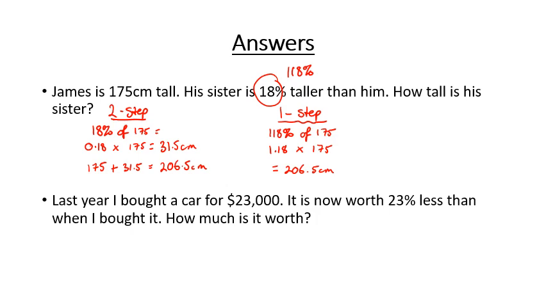It's now worth 23% less. So this is a decrease. How much is it worth now? Remember our two-step. Okay, first thing we need to do is work out 23% of the original amount. So this becomes 0.23 multiplied by 23,000.